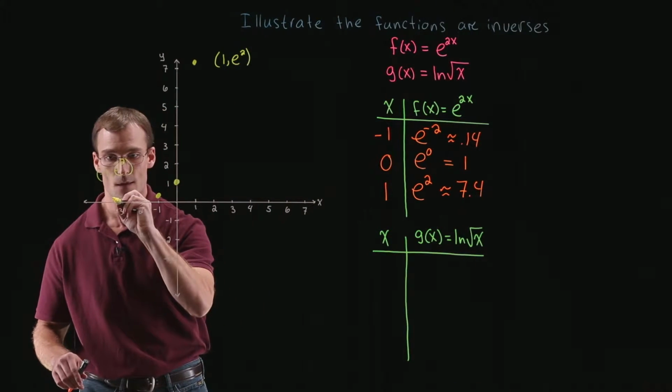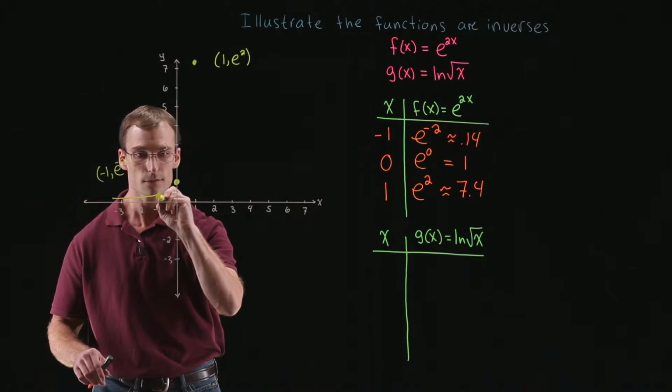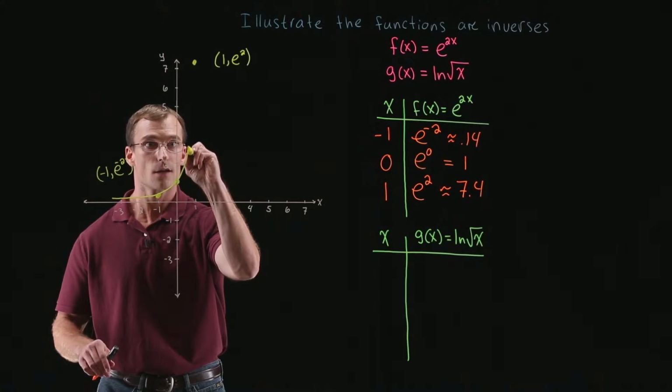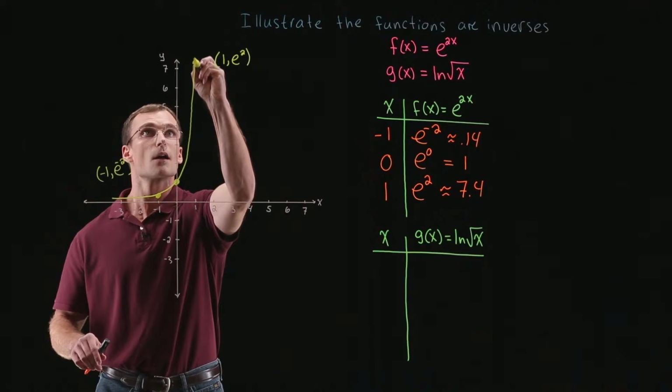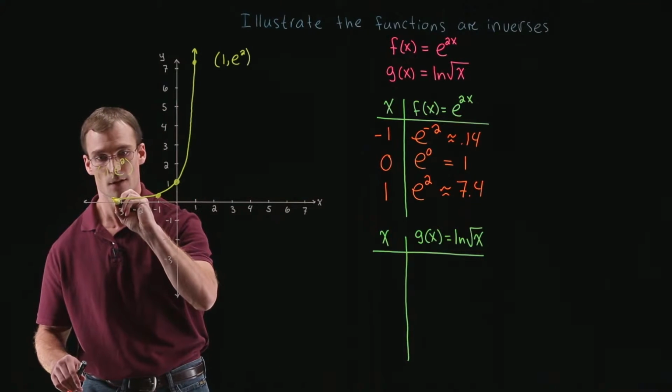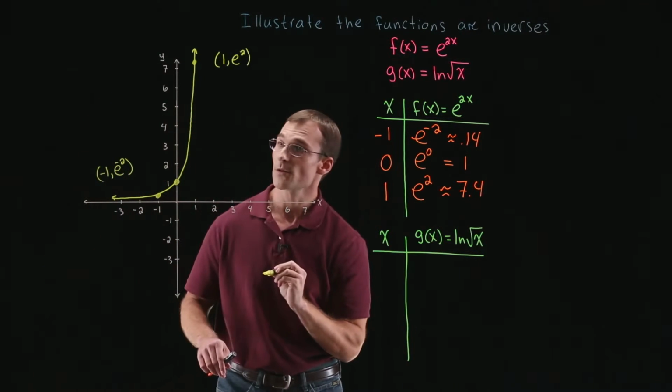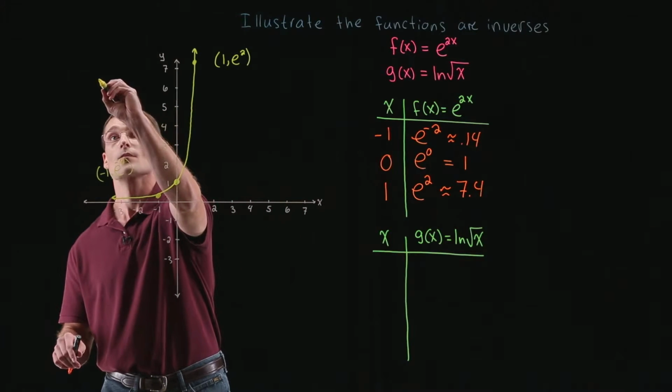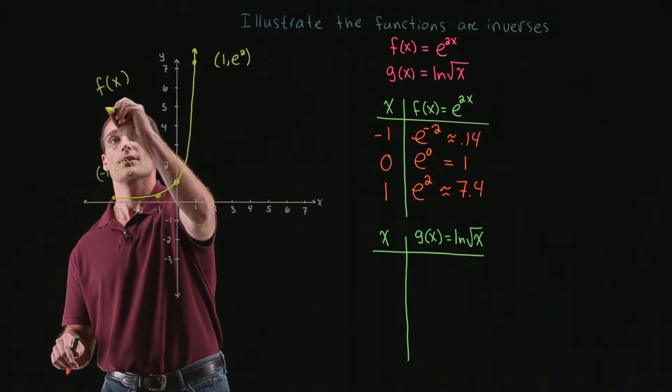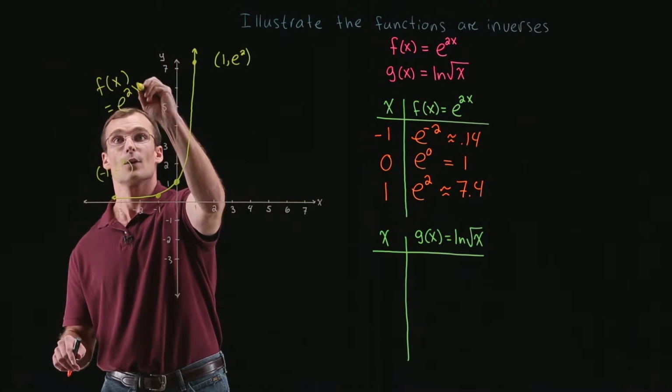All right, so looking at this graph, connecting our points, that's the graph of our f of x equals e to the 2x.